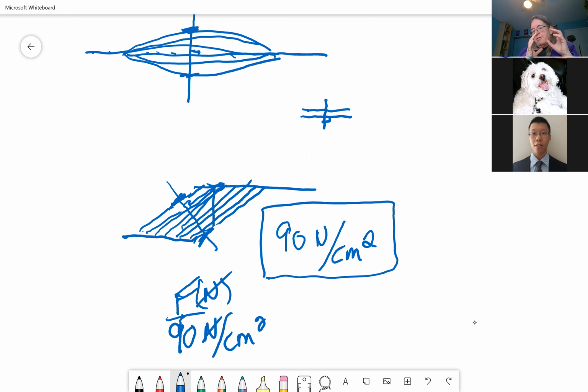In questions 5 and 6, you're given an example where you need a certain amount of force in your muscle. It doesn't say that that's the maximum force that's in the muscle. The muscle has to be able to do at least that much, or else you can't do the activity. If I can only generate 200 newtons of force and I need 400 newtons of force, then I can't do the activity.